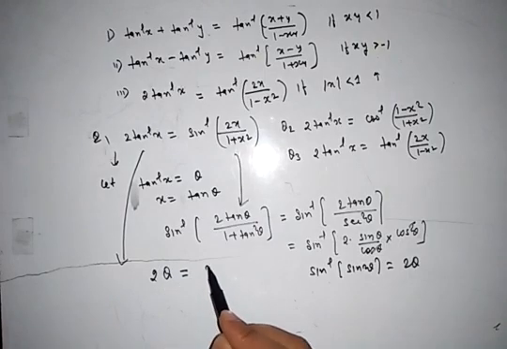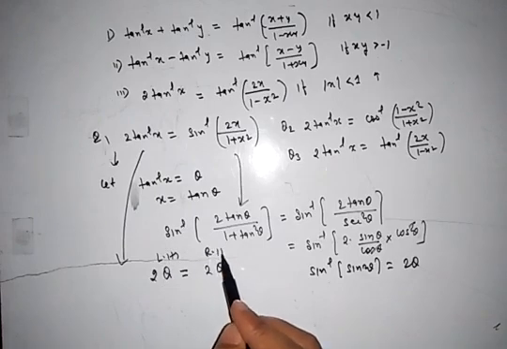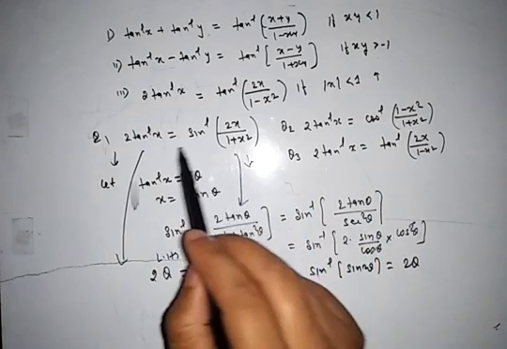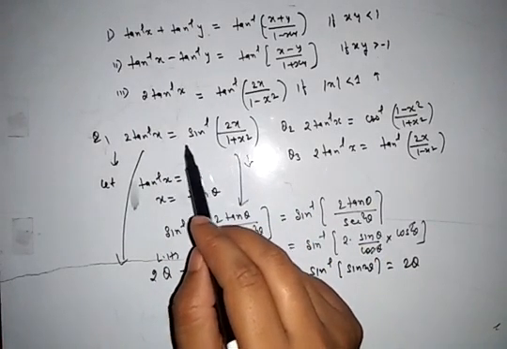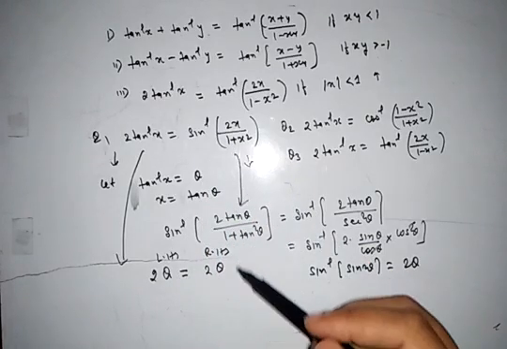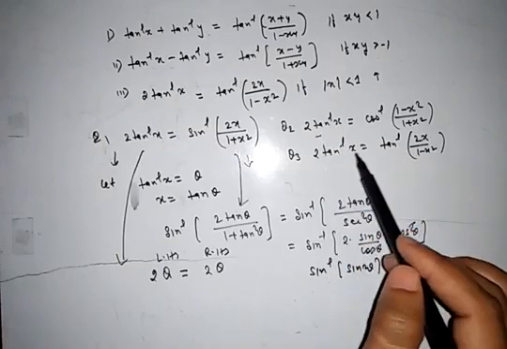So the right side is equal to the left side, that is LHS and RHS are equal, so this is proved. In the similar manner you can solve these other questions.